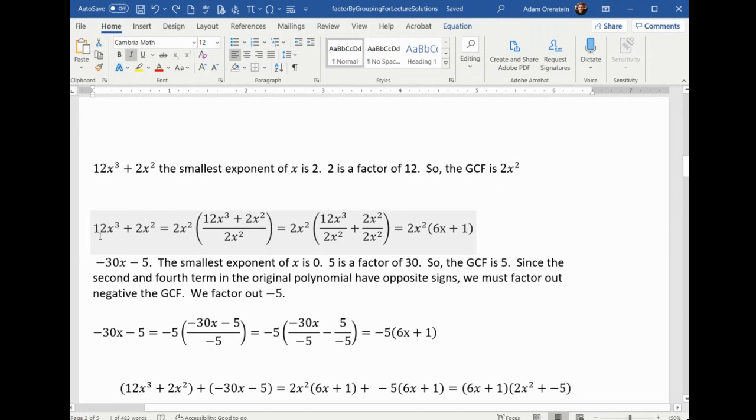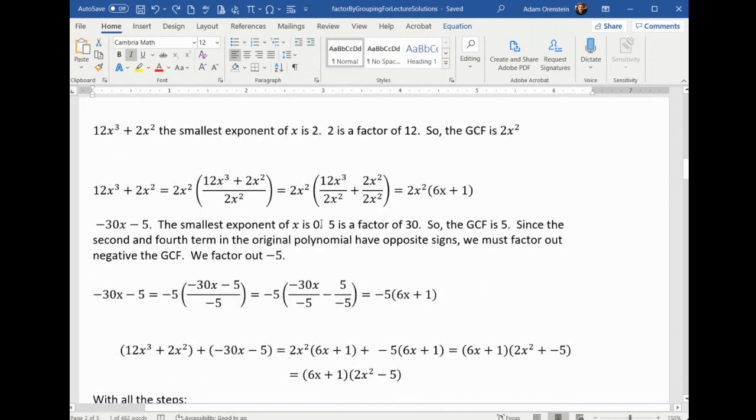When you factor it out, you have to divide to see what's left over. And when you do that, you're going to get 2x squared times, for the first quotient, 12 over 2 is 6, x cubed over x squared, that's just x. 2x squared over 2x squared, that's just 1.